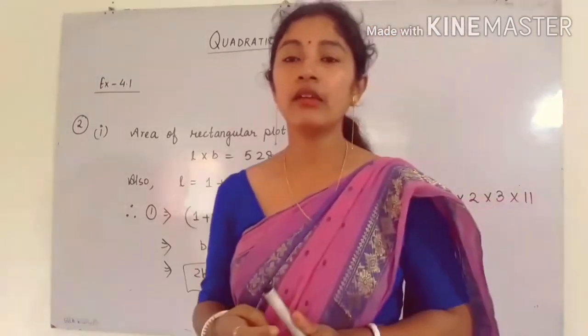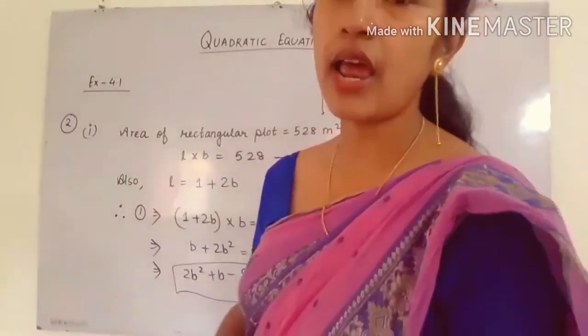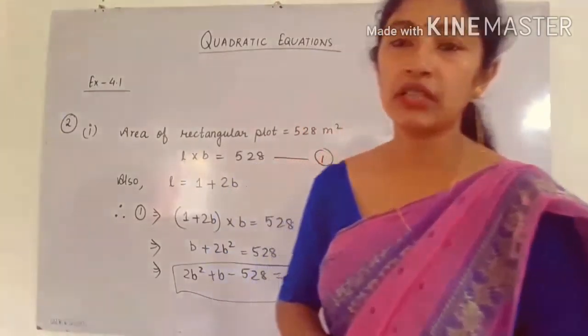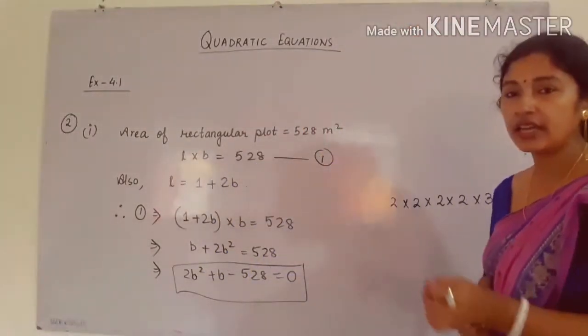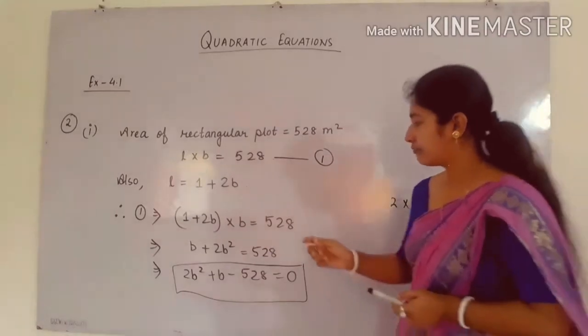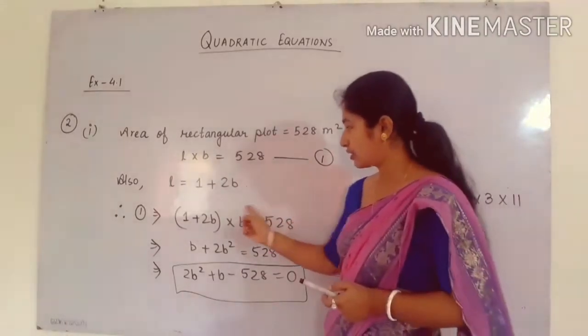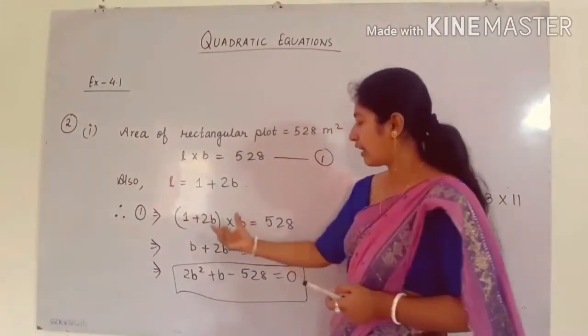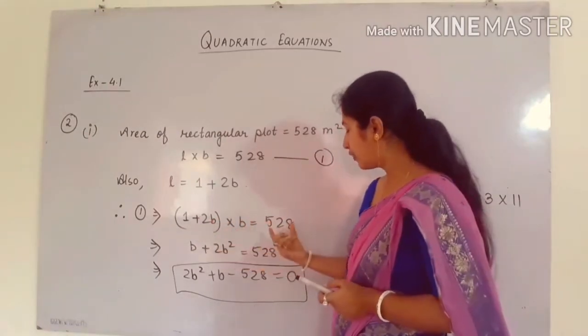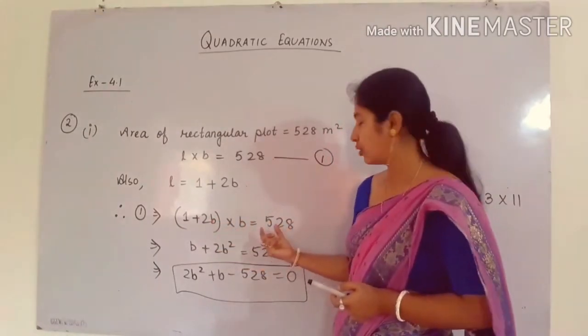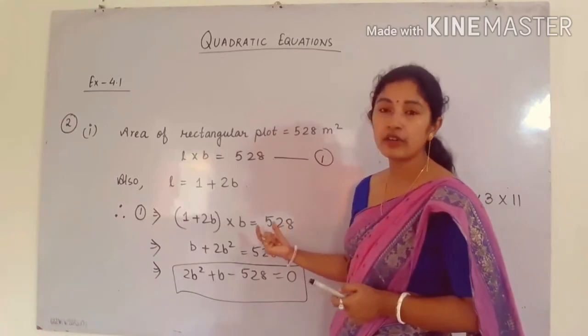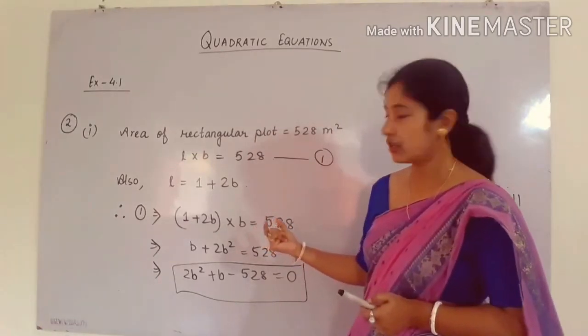But here you can use one method, that is the trial and error method. How to use that method? See, in this equation, when we multiply two factors, we get 528. So we will factorize 528 into prime factors.